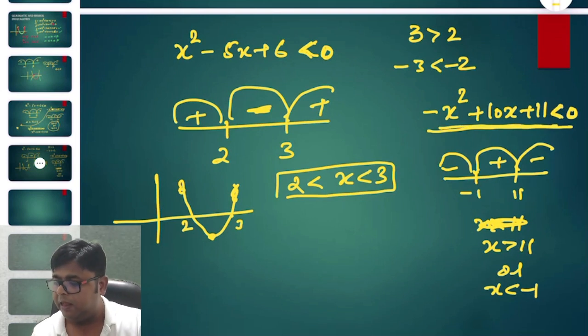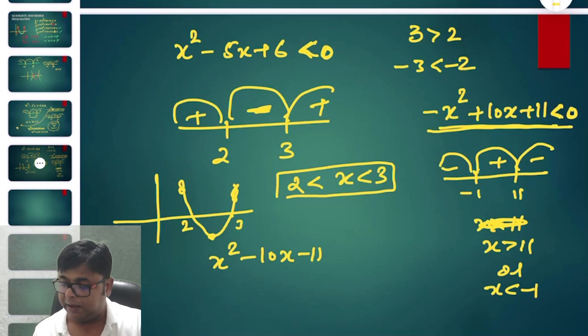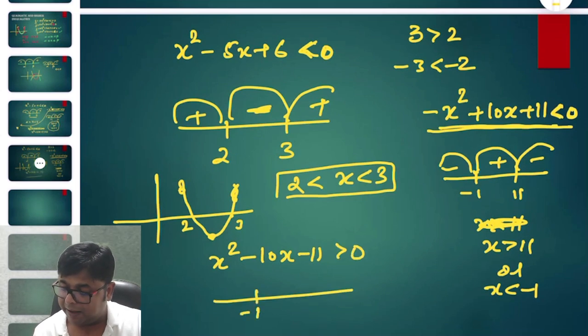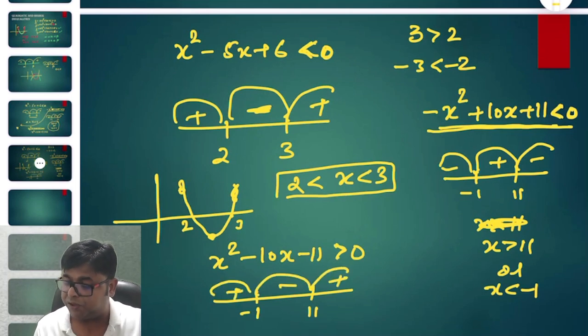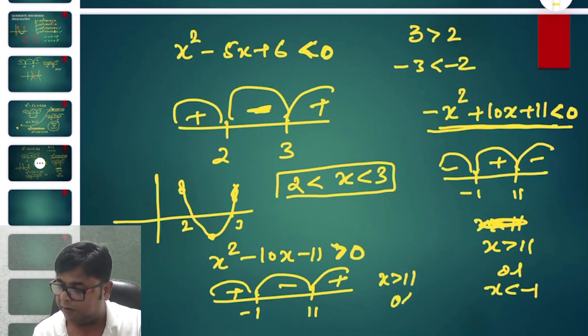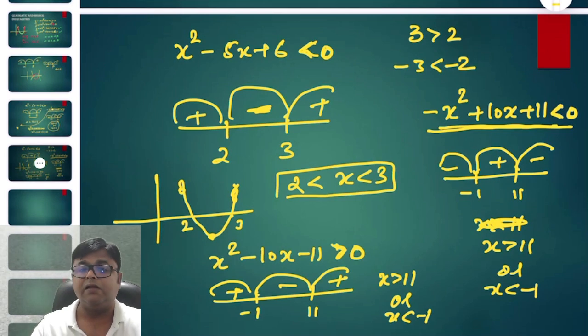So rather than remembering a different rule, I can multiply this by minus 1. So I'm going to get x square minus 10x minus 11 greater than 0. It will give me the same roots, minus 1 and 11. But now the rule is the same, plus, minus, plus, because I've made it cup shaped. And I'm looking for greater than 0. The answer will still be the same, x greater than 11 or x less than minus 1.